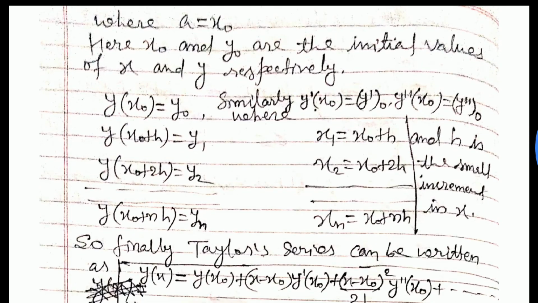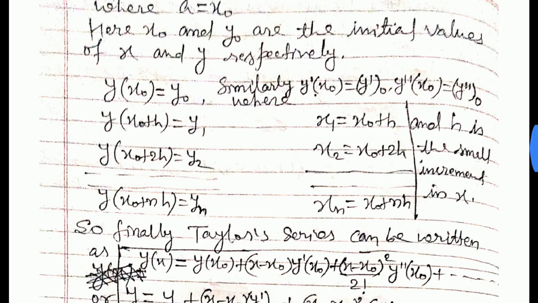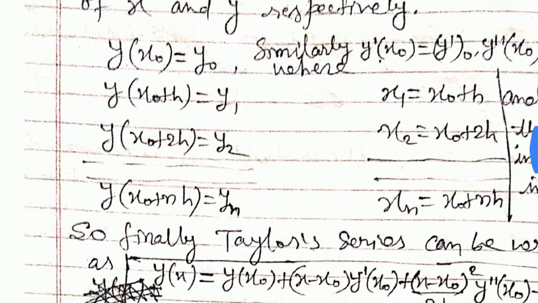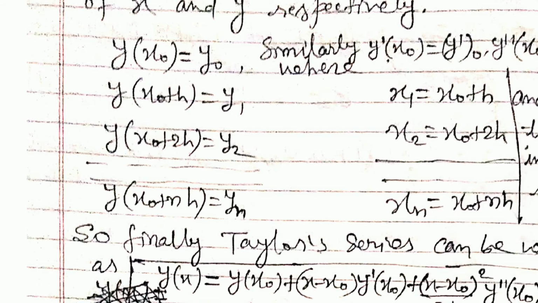And what are the traditional representations here? What is y naught? y naught is the value of y when x is equal to x naught. What is y1? y1 is the value of y when x is equal to x naught plus h. What is h? h is the unit difference.